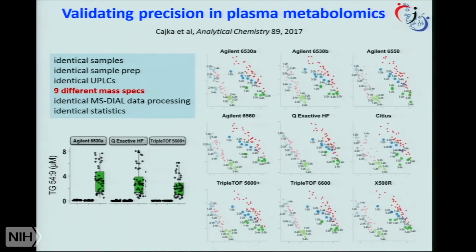This is before and after a certain intervention, and the different colors are different subjects. And then we had a longitudinal design, and we see that the overall metabolic phenotypes were always retrieved very accurately for each of those subjects, no matter which mass spec we used.